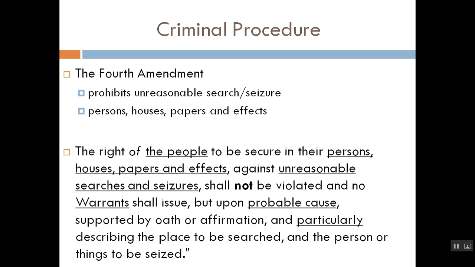So let's go ahead and take a moment to talk about the Fourth Amendment. The Fourth Amendment is the first of four amendments which are sometimes referred to as the procedural amendments, and these are the amendments which protect our procedural rights in a court of criminal law. They're going to be the Fourth, the Fifth, the Sixth, and the Eighth Amendments.